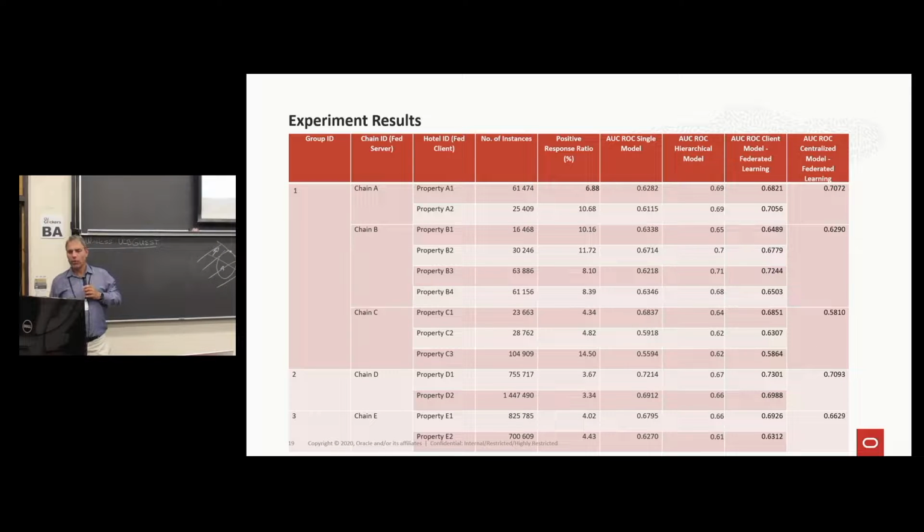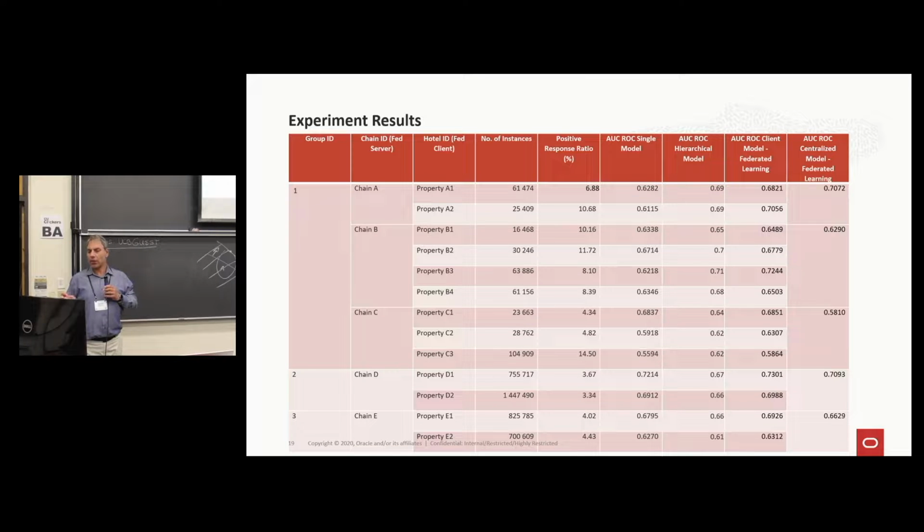We looked at every property. All the columns up to the last show the evaluation of how well the model worked for every property. The hierarchical model is the model that uses only the chain properties. For example, for chain 8 it combined properties A1 and A2, and this is how well it performed for every single property.